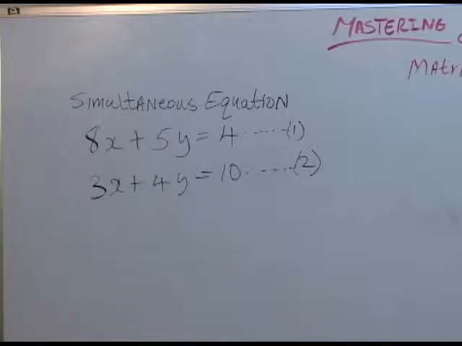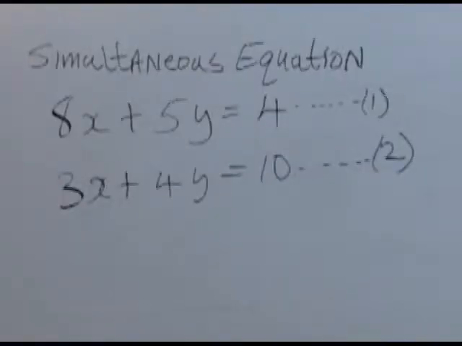How do we do that? The first thing we do is to write a 2 by 2 matrix just using the coefficients of the variables. Watch me and see what I am doing.